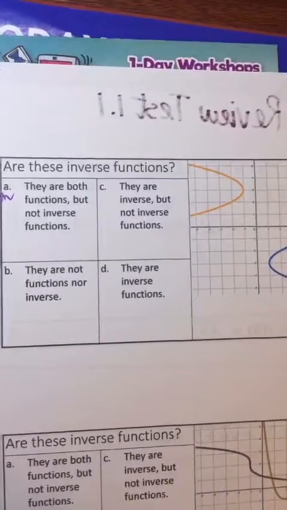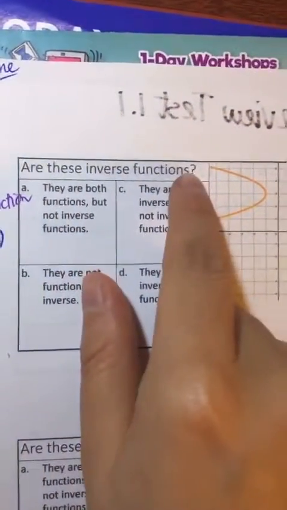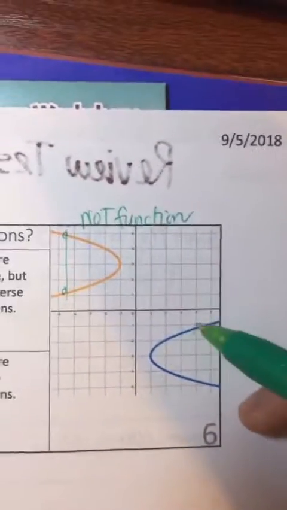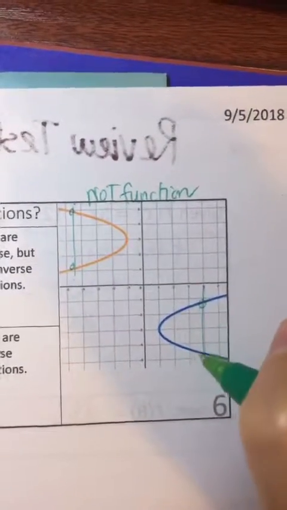Number 6 is very similar to number 5 because they're asking the same thing. Are these inverse functions? Okay, so first let's check for functions. That means we're going to do the vertical line test. So here we have the vertical line test. It crosses twice, so this is not a function. Also over here we do the vertical line test like this. We also have it crosses the graph twice, right?